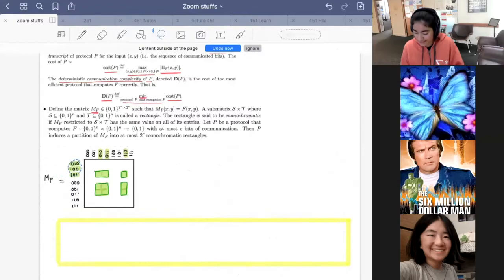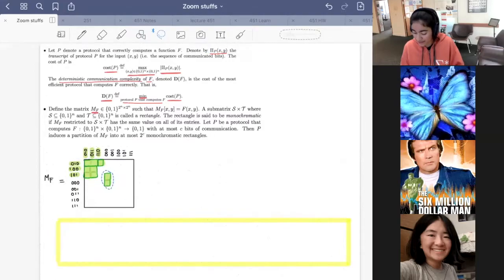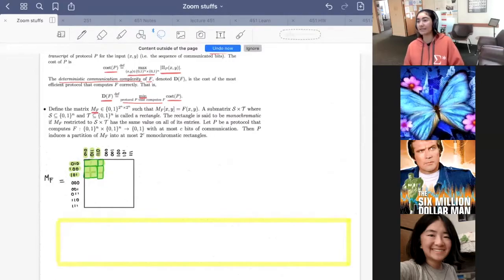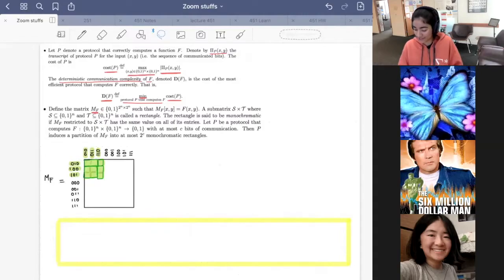So my set S is first, and I'm going to do the same thing with T, where let's move all of our selected entries to the start, move everything down. And that moves our entire rectangle up. And now it's one contiguous block. So you should keep in mind that the order doesn't matter, but that doesn't necessarily mean that your rectangle has to be contiguous. It was still a rectangle before. So that's the definition of a rectangle.